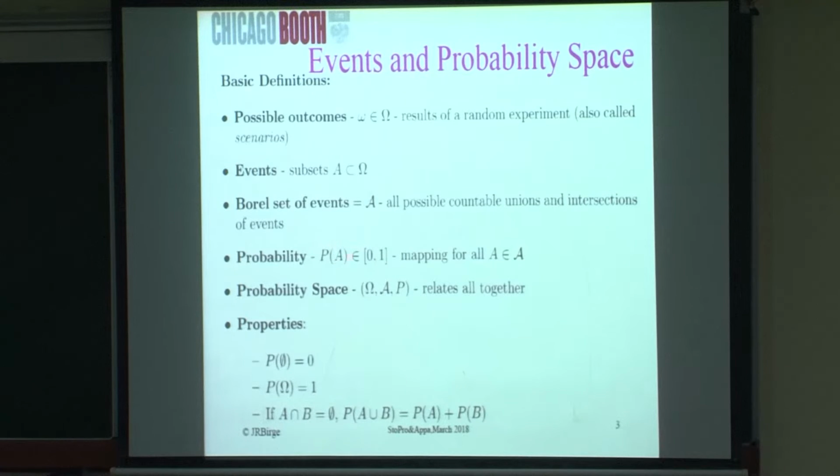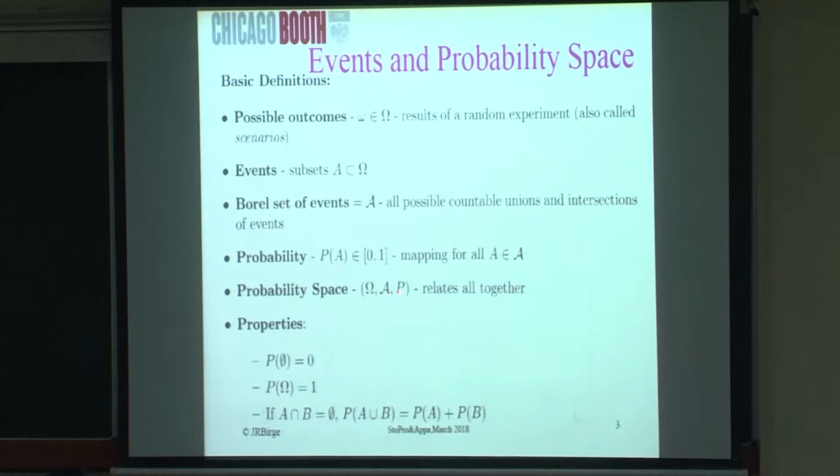Okay, so probability is just an assignment between 0 and 1. That's what we think of as being how likely an event is. And so that's the way to think about probability. It's an assignment of events to a number between 0 and 1.